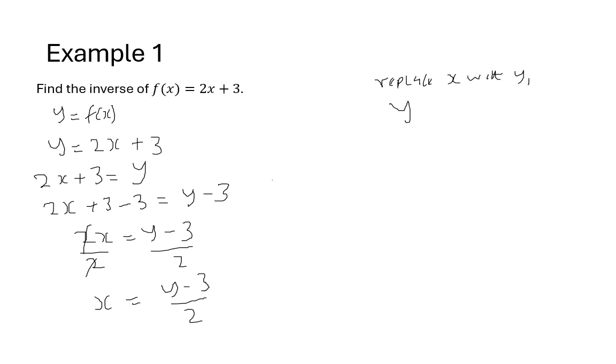So we just interchange. Instead of this x, I will put y, and instead of y, I will put x. Then finally, from here I can say my f inverse of x is just equal to x minus 3 over 2. Then that's all. You find the inverse.